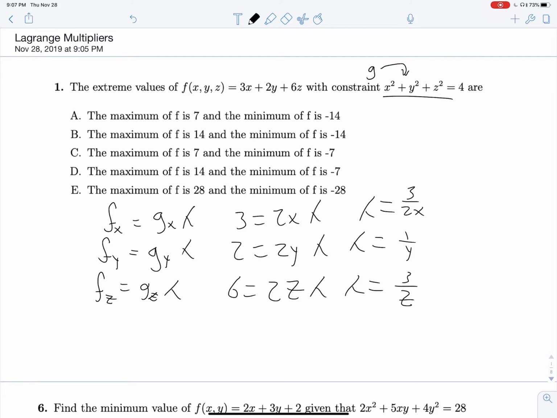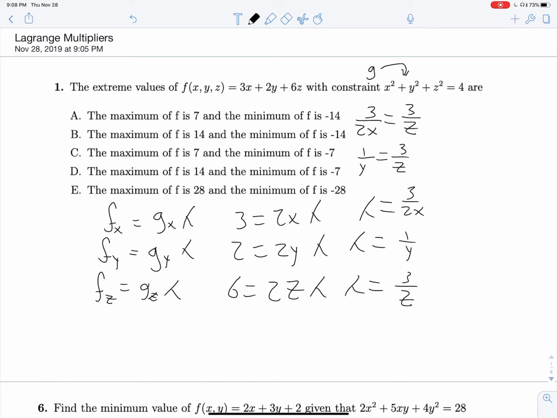Now, from these, we can get some relations that will allow us to replace everything in our constraint with only one variable so we can solve. So let's start setting these things equal to each other. 3 over 2x is equal to 3 over z because they're both equal to lambda, and 1 over y is equal to 3 over z.